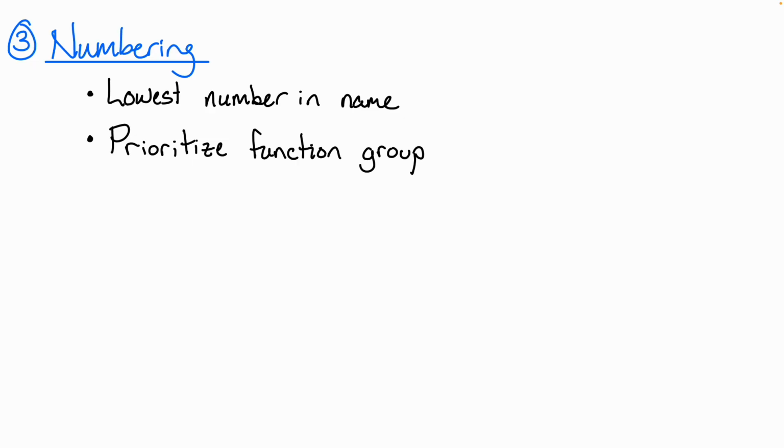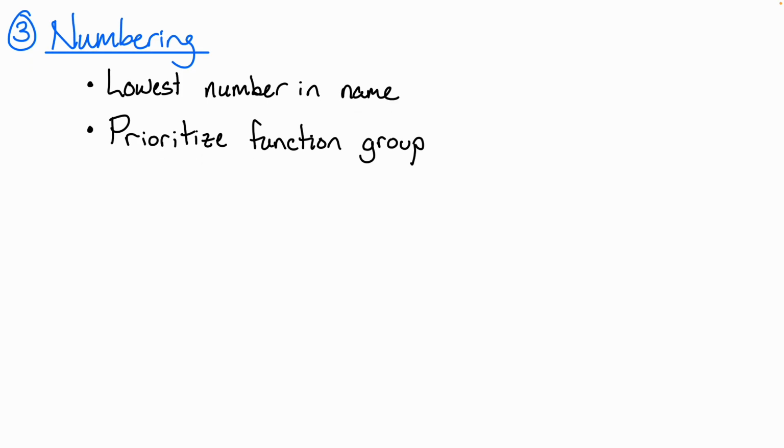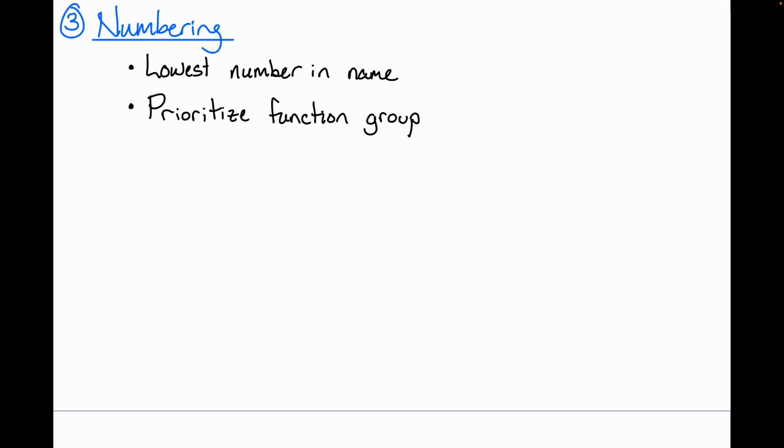Meaning I don't really care about any substituents in that molecule. I just want to make sure that the functional group itself has the lowest possible number in the name. And then lastly, when we assemble our name, we now need to also include the locant of our functional group.